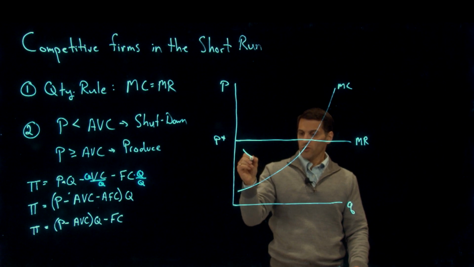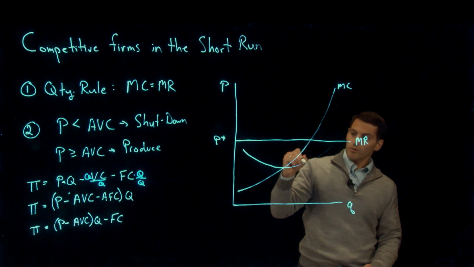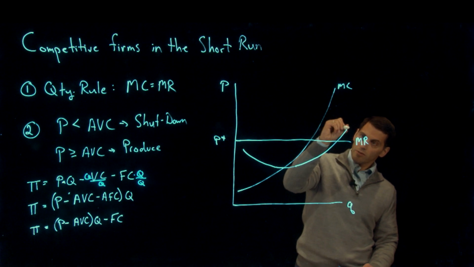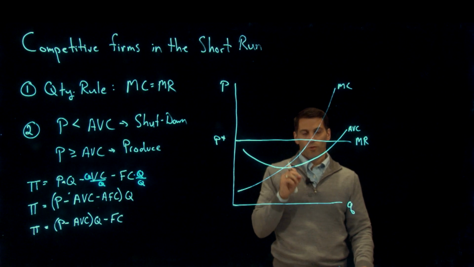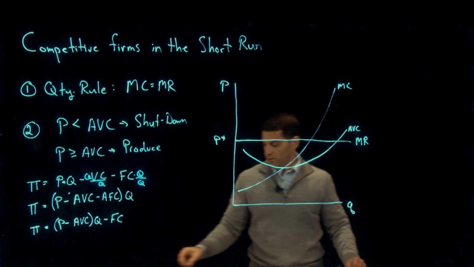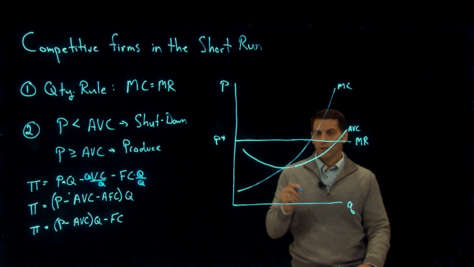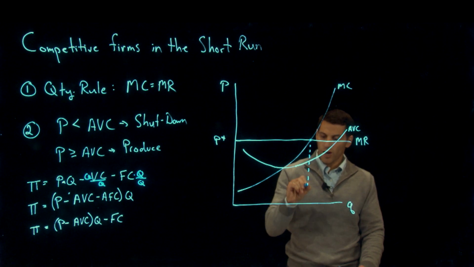We'll illustrate a scenario where average variable cost, at our optimal quantity, is less than the price. So again, let's start off with our first rule: the firm is going to produce where marginal revenue equals marginal cost.